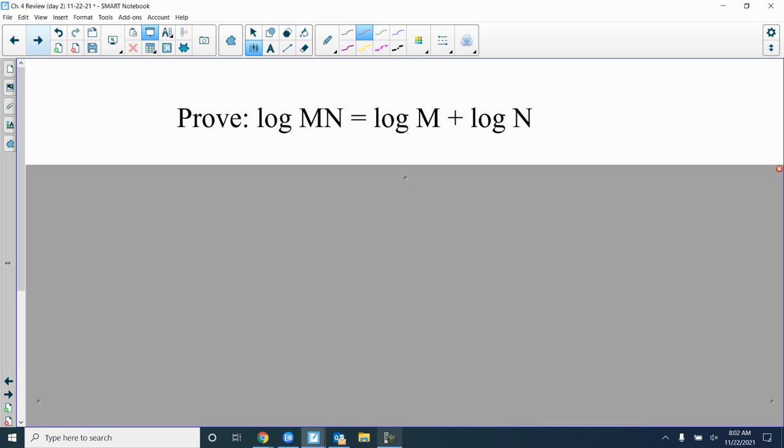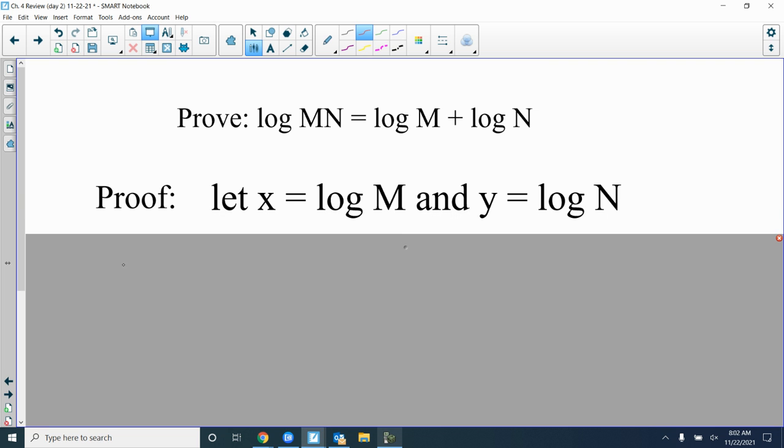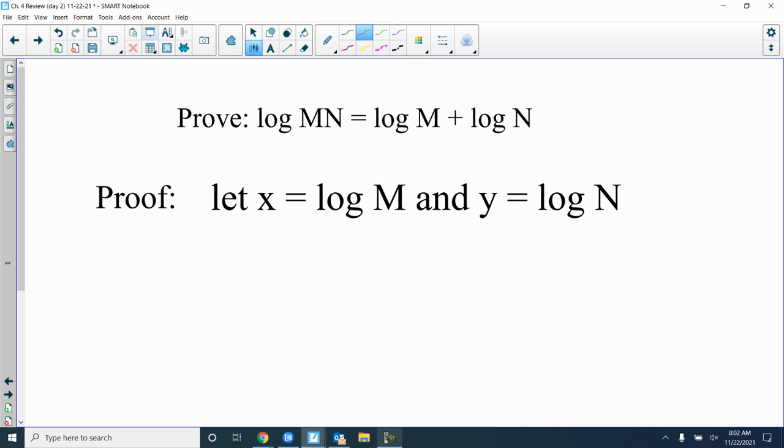All right, now don't get stuck on the first step. It's going to say: prove log of mn equals log of m plus log of n. And the first step is right there. So you have to make sure you get that first step down. You let x equal log of m, y equal log of n.